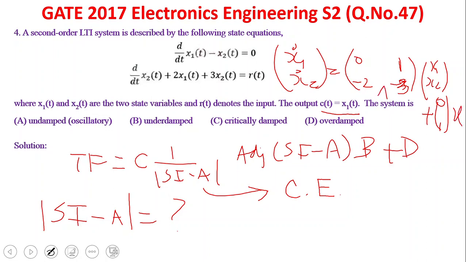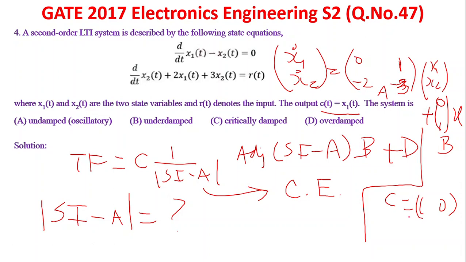So this is your matrix A, this is your matrix B, and we know very well that matrix C is 1, 0. Why is it 1, 0? Because c of t is x1 of t. So now matrices A, B and C are known. Anyway, B and C are not required; only A is required as far as this problem is concerned. Right. So we will find sI minus A first. So what is sI minus A?